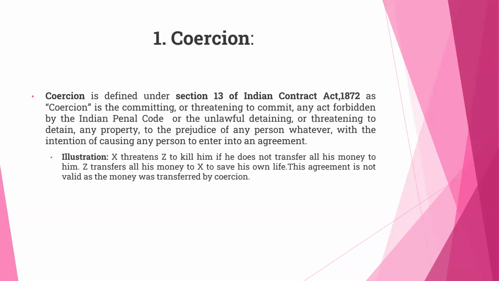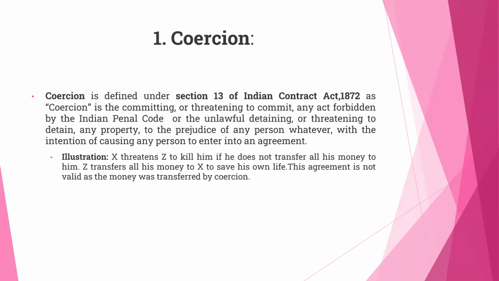First one is coercion. Coercion is defined under Section 13 of the Indian Contract Act 1872 as committing or threatening to commit any act forbidden by the Indian Penal Code, or the unlawful detaining or threatening to detain any property, to the prejudice of any person whatever, with the intention of causing any person to enter into an agreement.